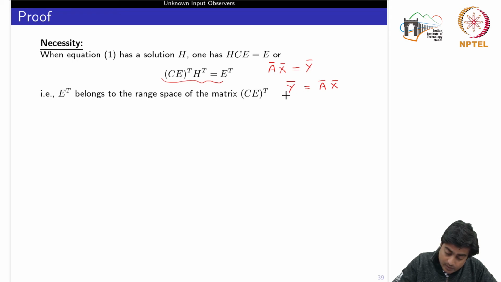If you recall the controllability week where we introduced range spaces and null spaces, you would see that Y bar should belong to the range space of the matrix A bar. Now Y bar is nothing but E transpose and A bar is nothing but CE transpose, meaning E transpose should belong to the range space of the matrix CE transpose.